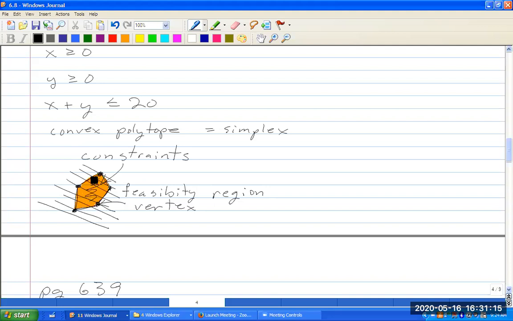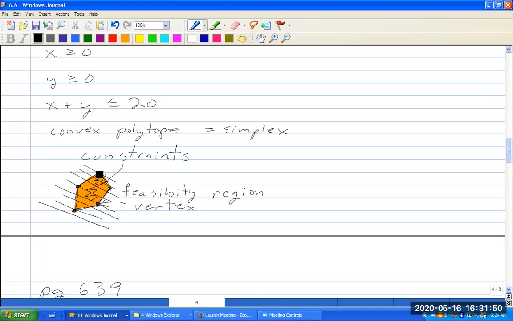We then look at the value of your objective function. Say your objective function is some linear objective, in which case it'll just look like some line, and you'll figure out the value of your function along the line. It will turn out that the smallest values are at this point, biggest values over here.